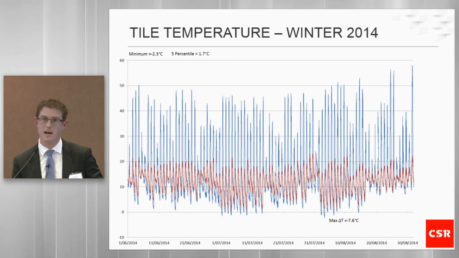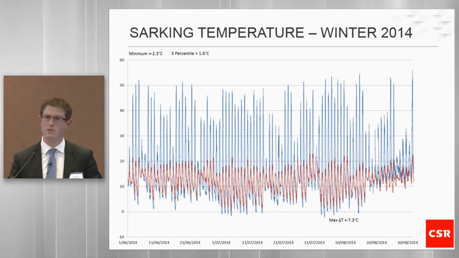The red line is the ambient external temperature, the air temperature outside the house. We measured the maximum difference between that air temperature and the roof tile temperature to be 7.6 degrees Celsius. So the roof tiles were actually 7.6 degrees cooler than the outside air temperature. And the roof tiles drop below zero on occasions, meaning that conditions are conducive to condensation forming.